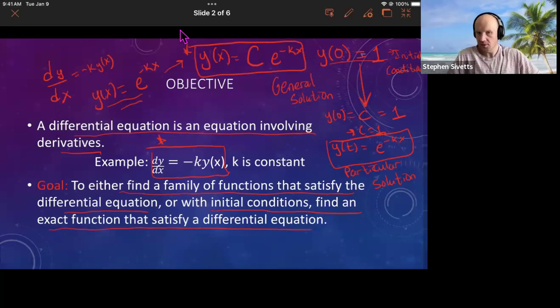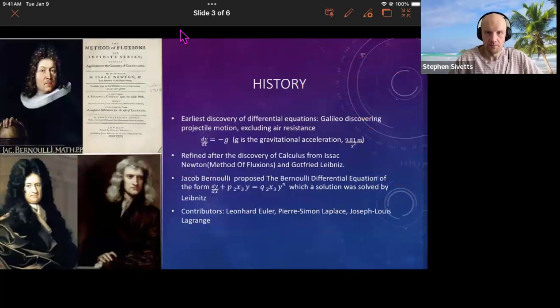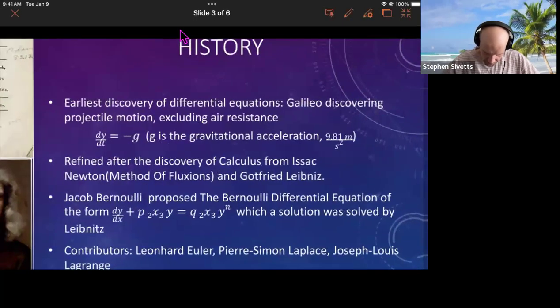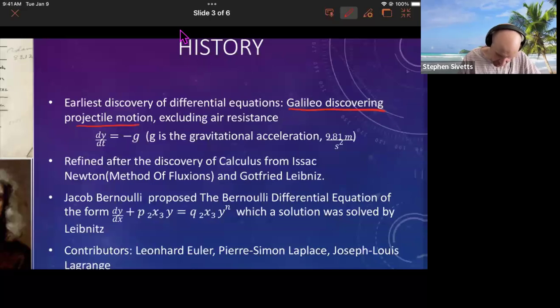A little bit on the history of where this concept of differential equations came from. The earliest discovery of differential equations actually evolved during Galileo's time when he discovered projectile motion, right?